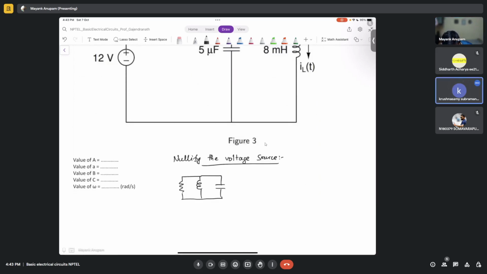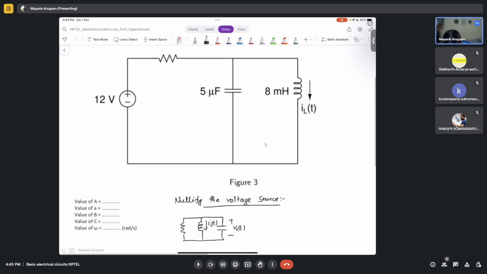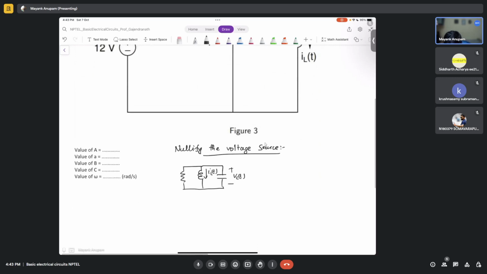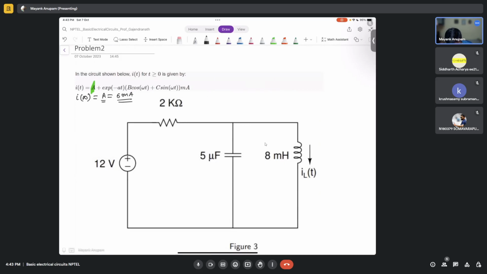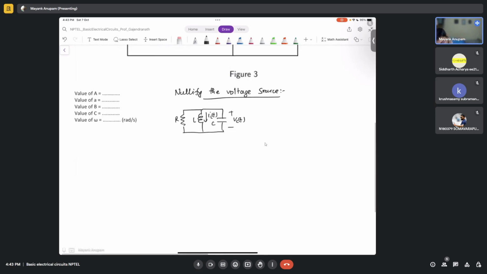Now this is iL(t), this is vC(t), this is R, this is L, this is C. Tell me now, what will be the characteristic equation for this one?